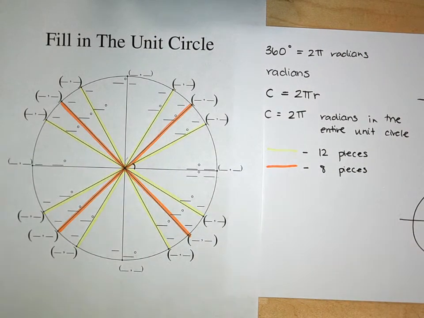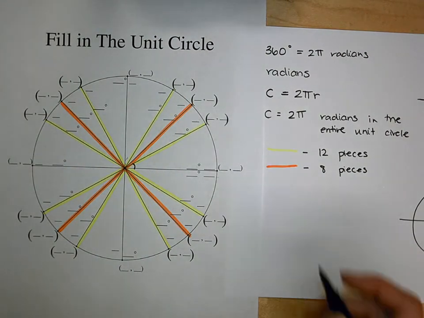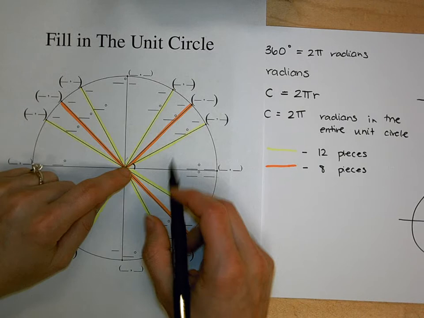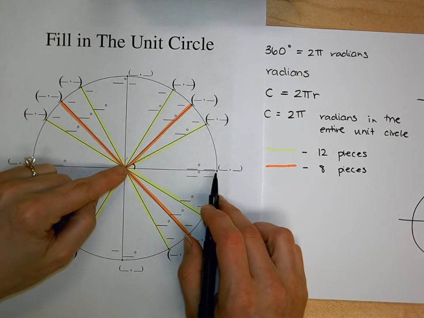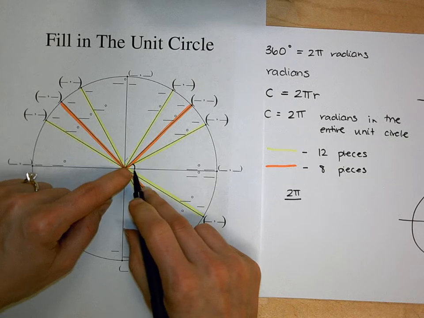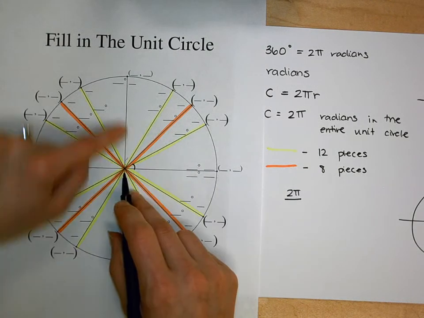So what we're going to do is think about what each of those pieces is worth angle-wise. Going all the way around is worth 2 pi radians, and I have 12 of these yellow wedges.